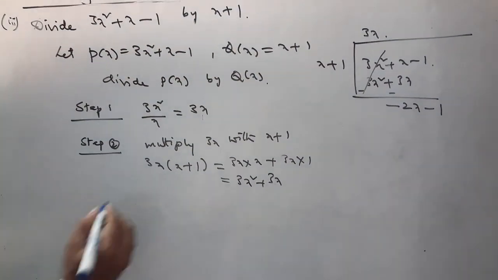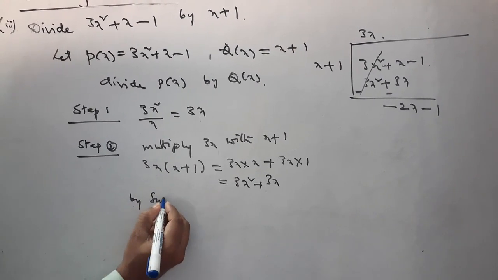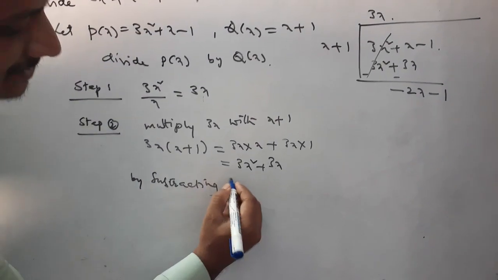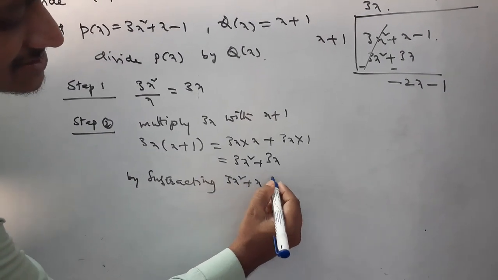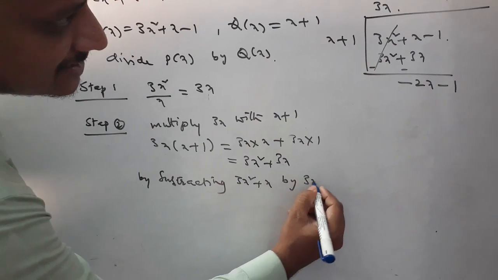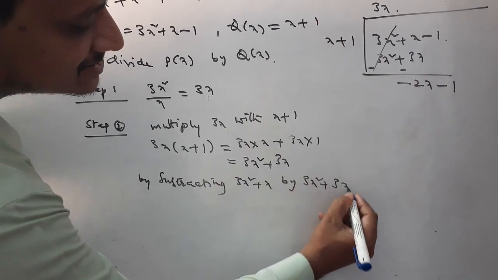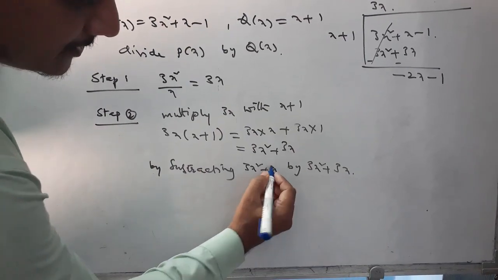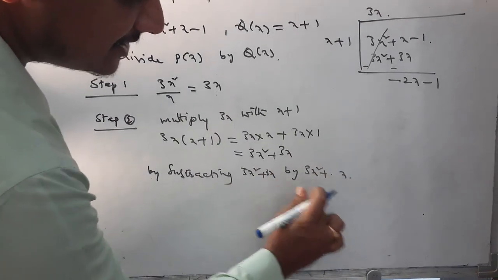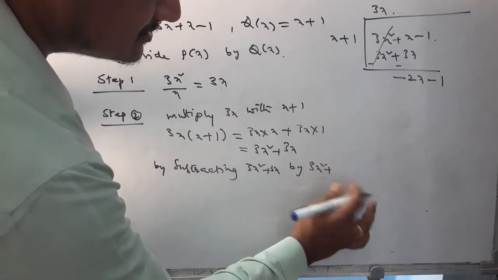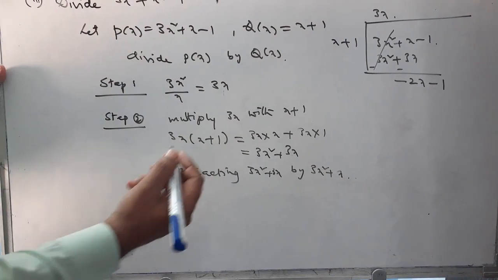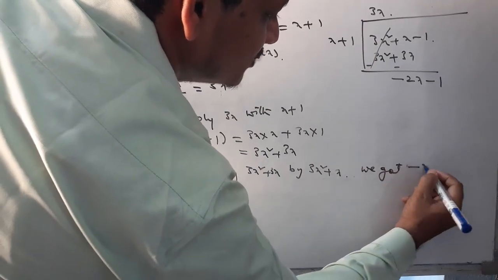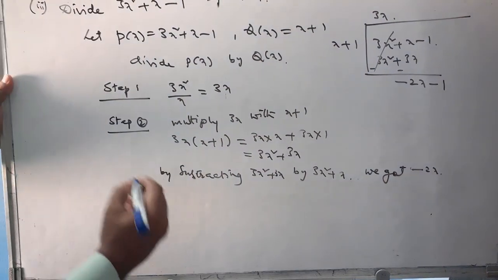So by subtracting 3x square plus 3x from 3x square plus x, we get minus 2x.